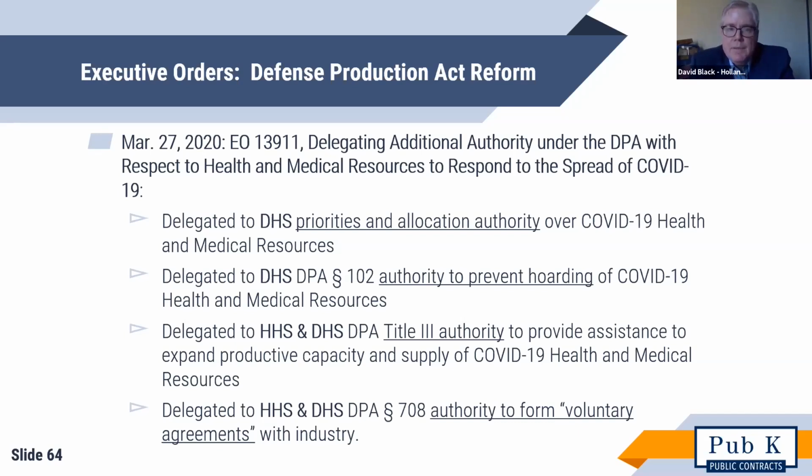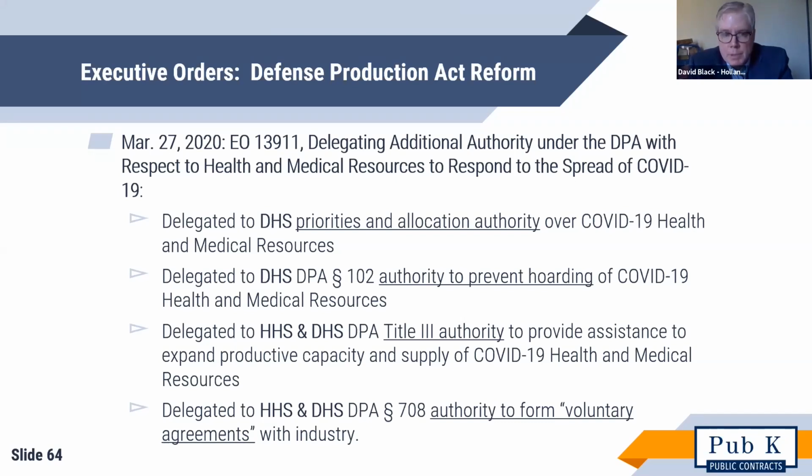So DHS received priorities and allocation authority over COVID-19 health and medical resources. DHS received authority to prevent hoarding of such resources. And then there was sort of a push to add additional DPA authorities, but then, again, co-equalize, co-delegate to Health and Human Services and Homeland Security Title III authority, which is to basically make investments, provide grants, funding, make investments to increase productive capacity and supply of COVID-19 health and medical resources.